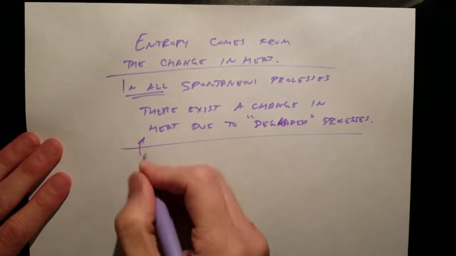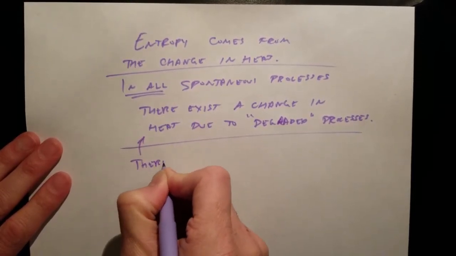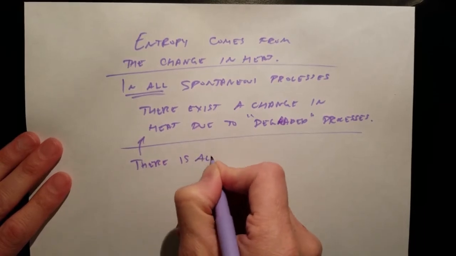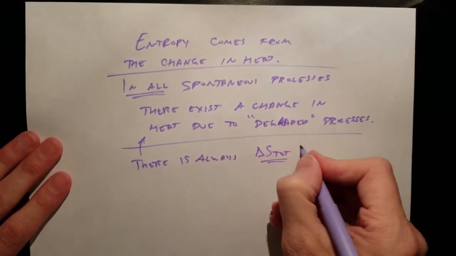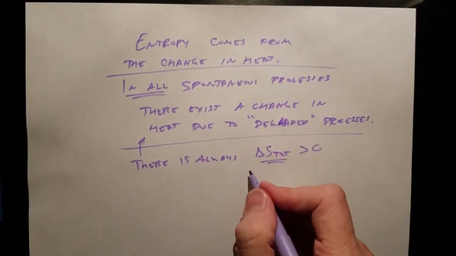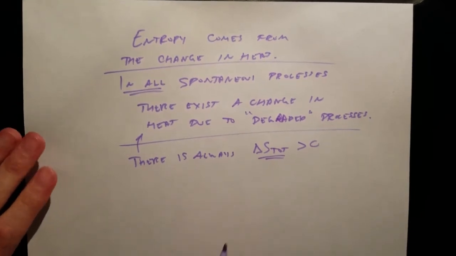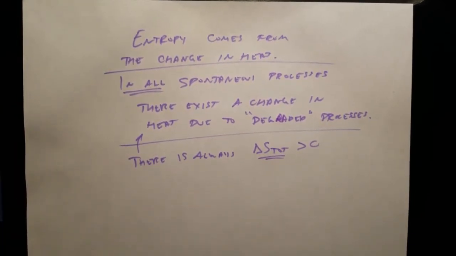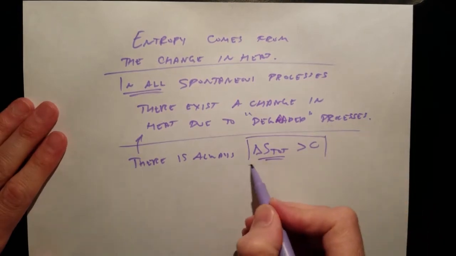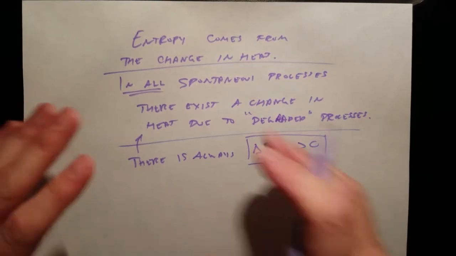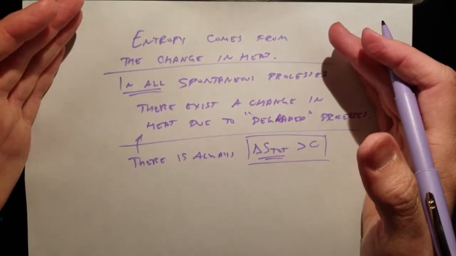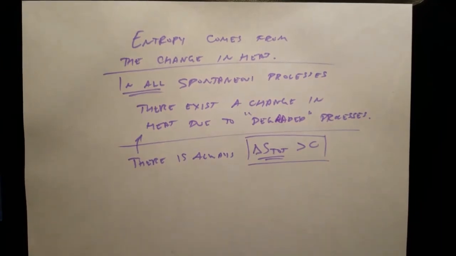And as a result of this, there is always delta S tot greater than 0. So any spontaneous process will result in an increase in the entropy for that little miniature universe we created. And that also means for our universe, there is always going to be this increase in entropy.